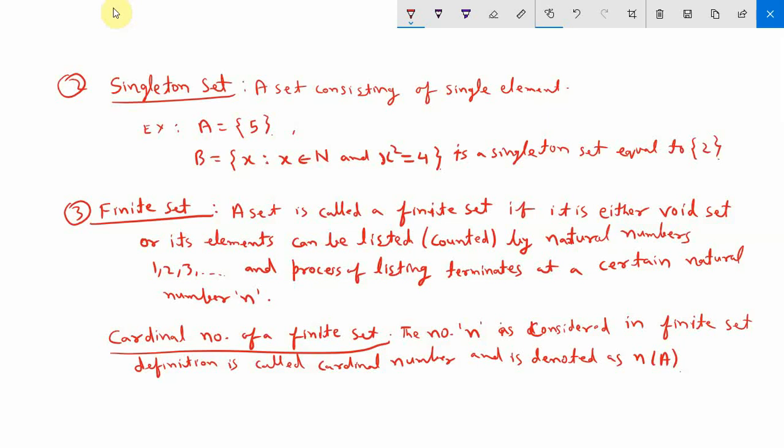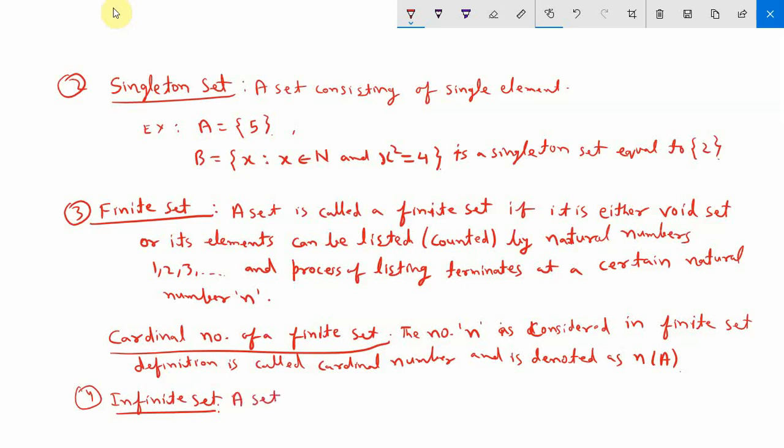So finite set we have discussed. Next is infinite set. Fourth is infinite set.